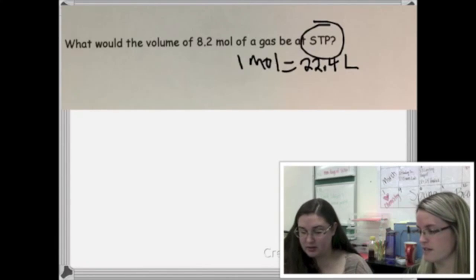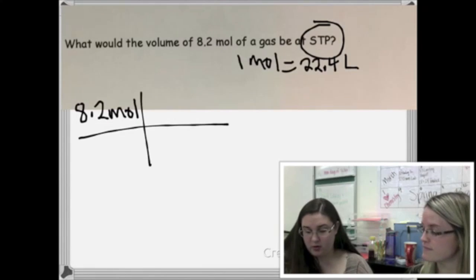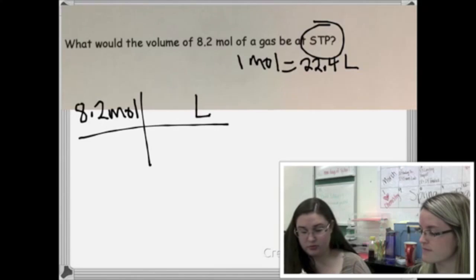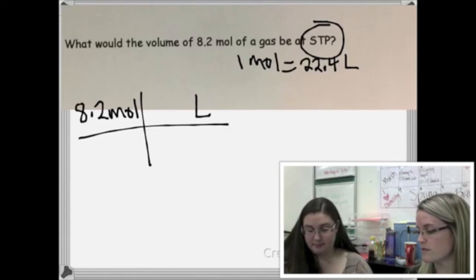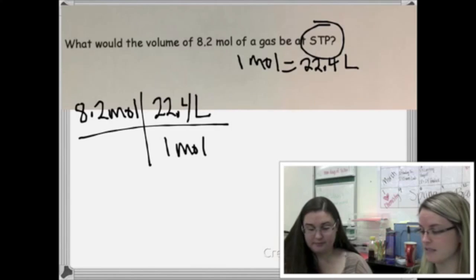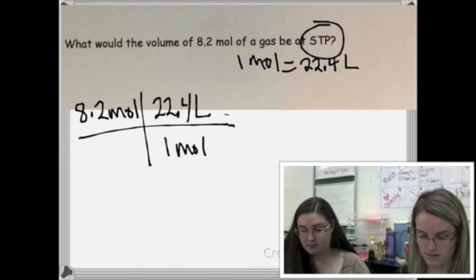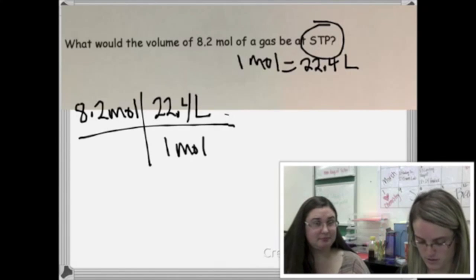So if I have 8.2 moles and I want to know my volume, which is going to be in liters, and I know that 1 mole is always equal to 22.4 liters at STP, then I can just multiply. We multiply straight across. Again, if you don't have a calculator out, you might want to grab one.